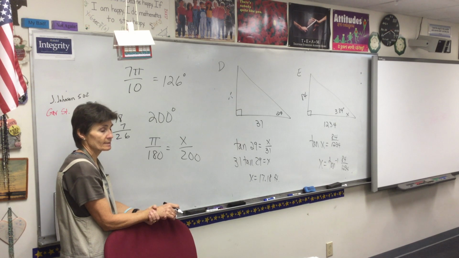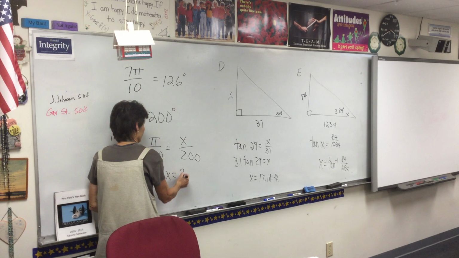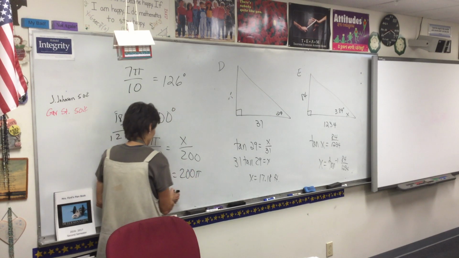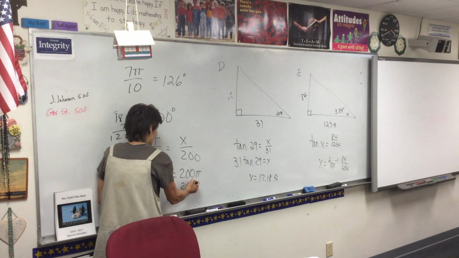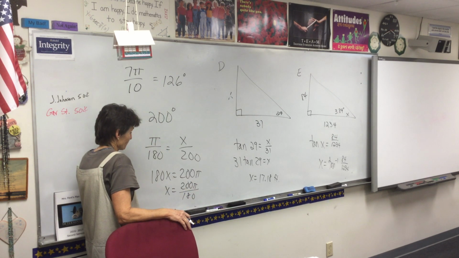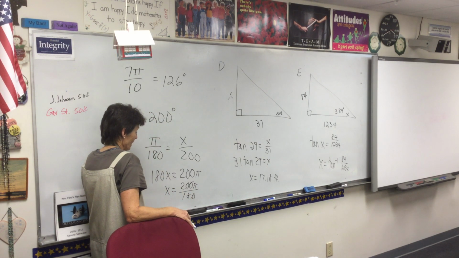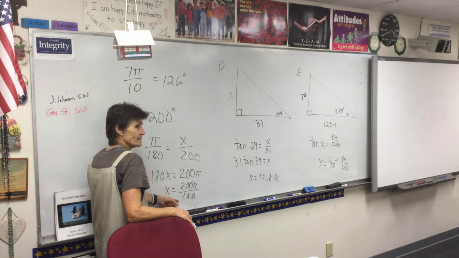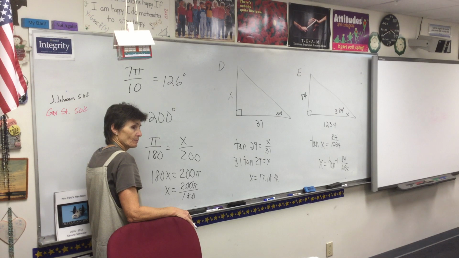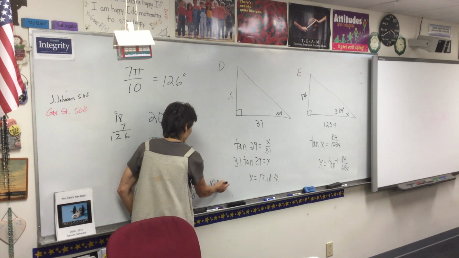No. Set it up, cross multiply. And remember, when you divide, you do have to reduce. So we've got a 0 over a 0. That's easy to cancel out. Then I have 20 over 18, which is 10 pi over 9.